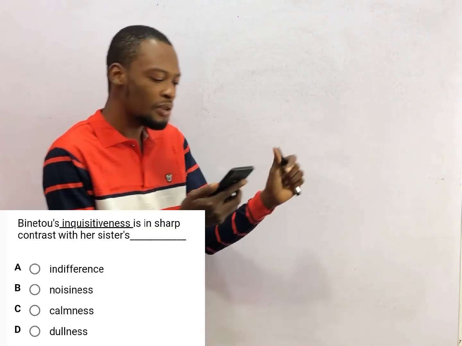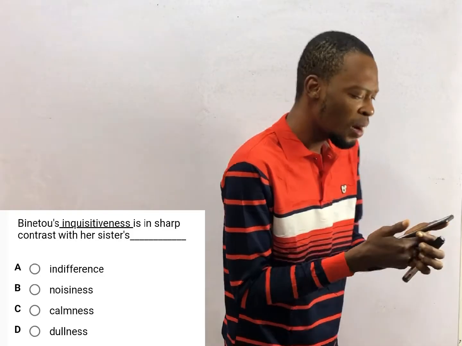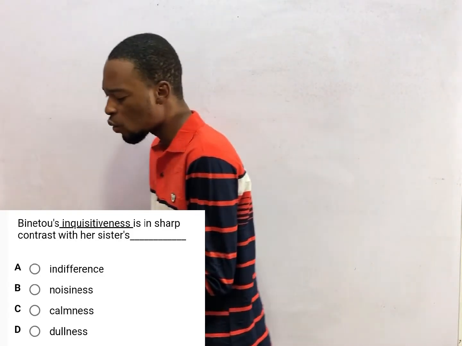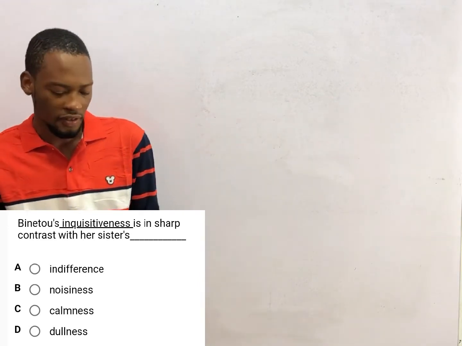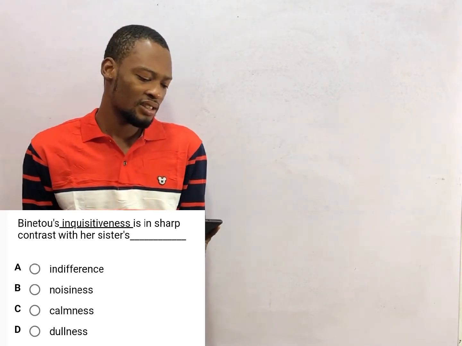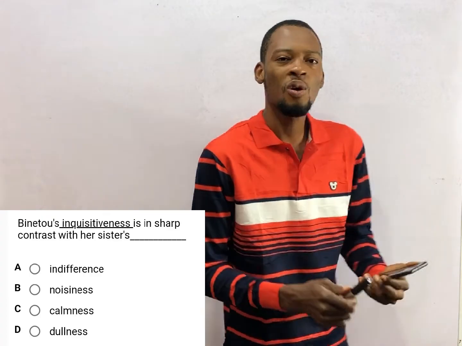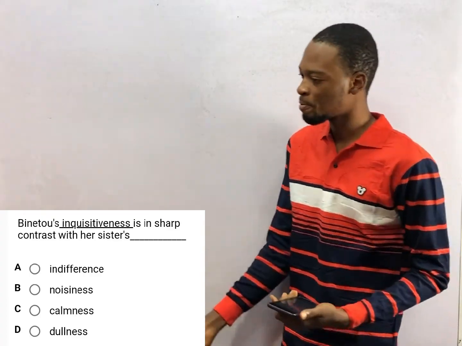Looking at options A, B, C, and D, the opposite of inquisitiveness is simply indifference. While Bintu is inquisitive, her sister is indifferent. So she shows lack of interest or concern about something.